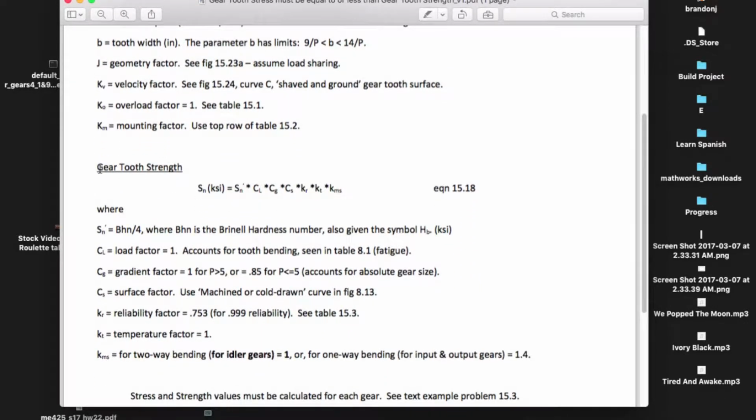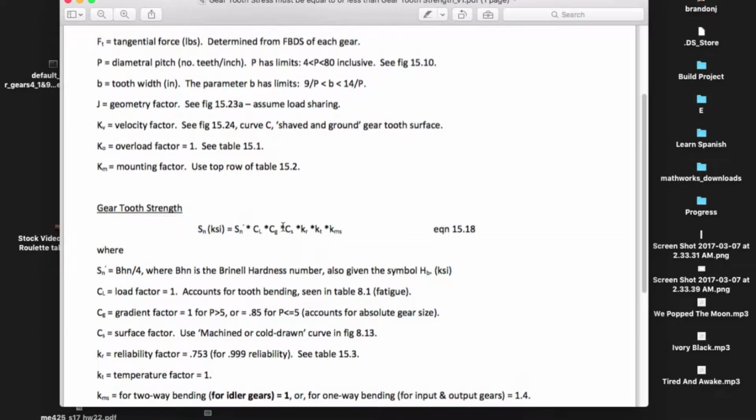Additionally, we can model the strength of a gear tooth. This strength, S_N, is in KSI as well, thousands of pounds per square inch. This one is based on the Brinell hardness number, which is basically a measure of, if you were to strike a material, how the failure surface would look, I guess.